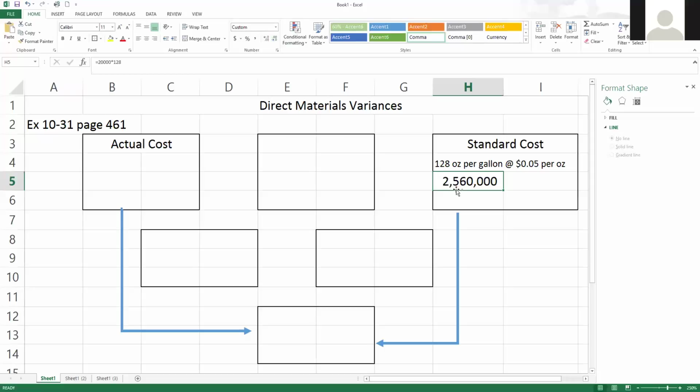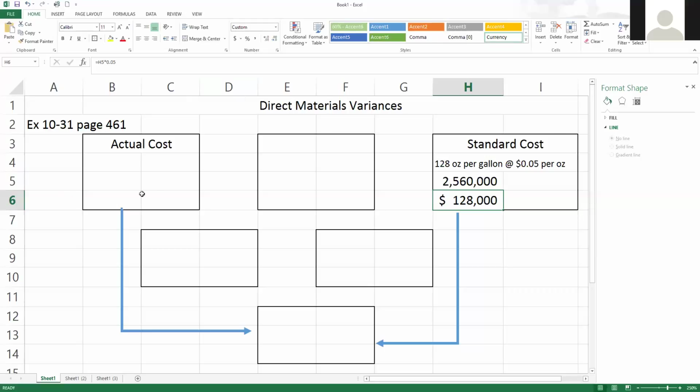We're going to need over 2 million ounces in order to make the production that we made. And remember, each ounce is supposed to cost 5 cents. So if we take that and times it by 0.05 and then tell our lovely system that we're wanting to show it as money, we're estimating that it should have cost them $128,000 for direct materials to make the 20,000 gallons they made this week.